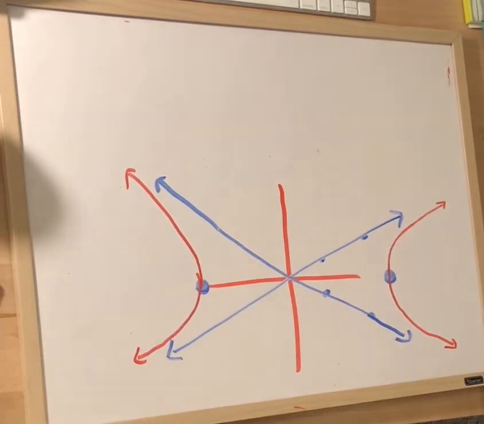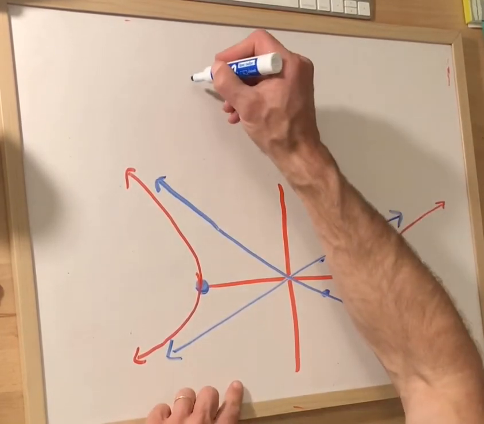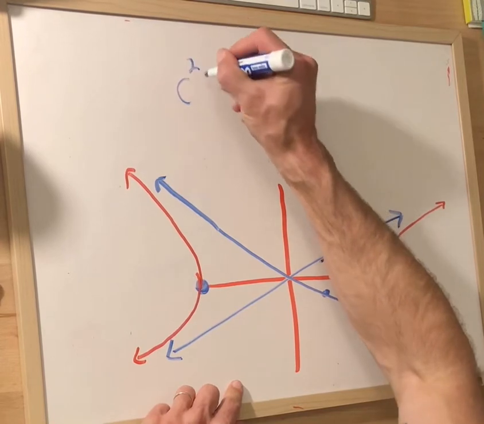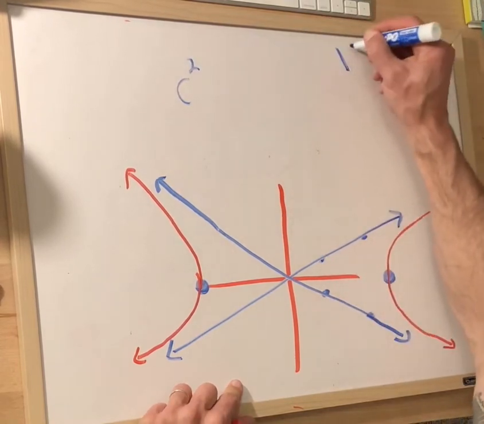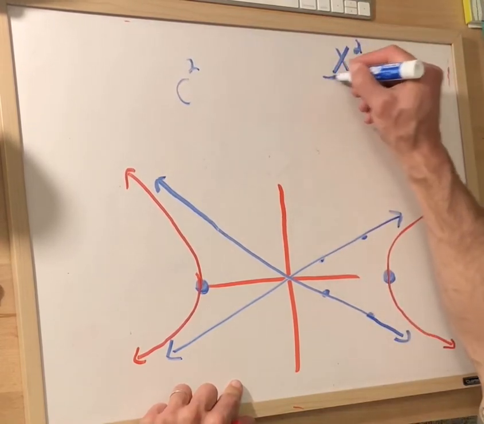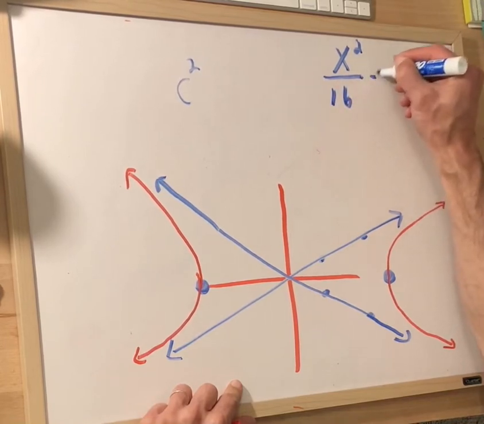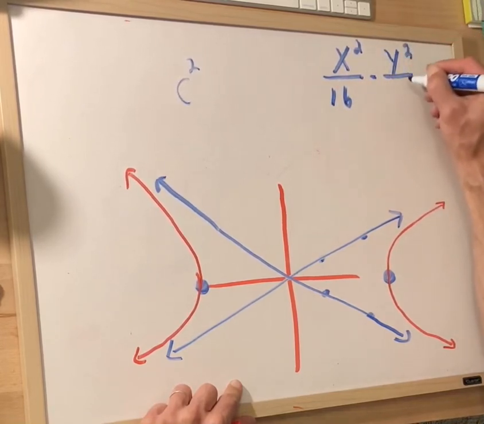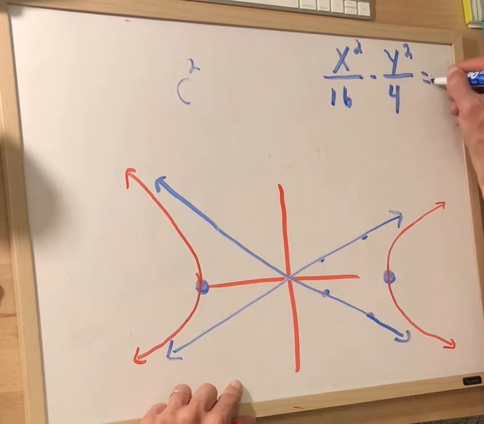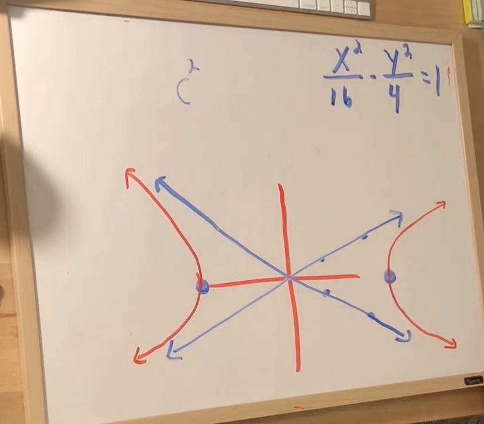And the way you find it is you take c squared. I forgot it. I'm going to rewrite. X squared over 16 minus y squared over, I believe it was 4. Right? It was 4. Yes. I think this was 16.